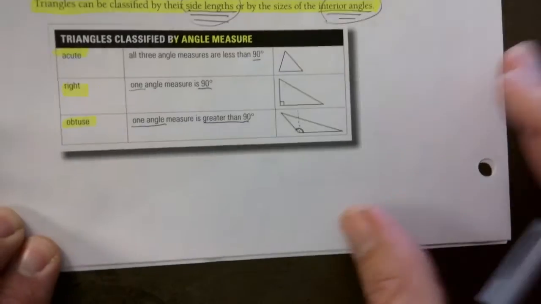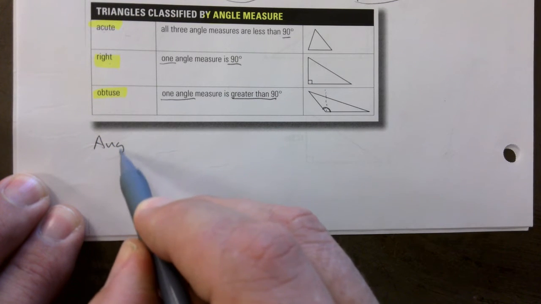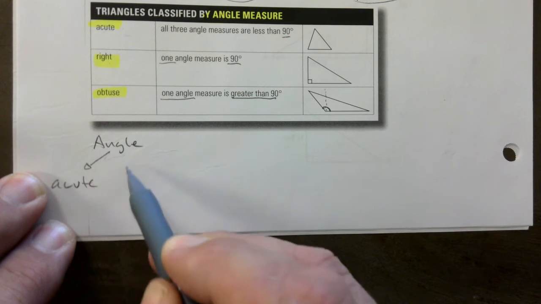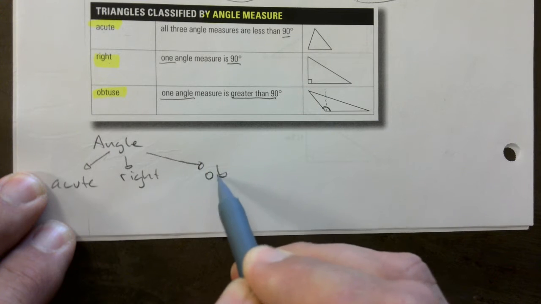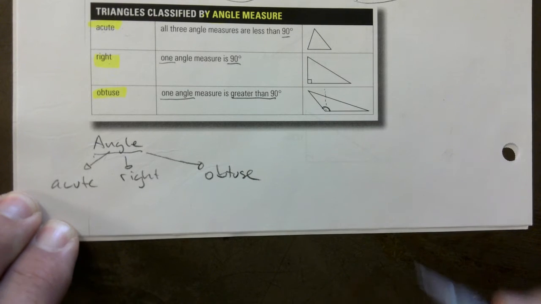I will add that here for you. So if you want to classify by angle measure, you have three options, right? It's acute, right, or obtuse. Those are your three options for classifying it based on the angle measures.